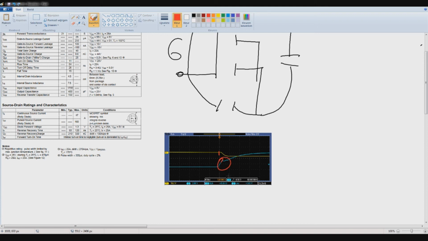You have this part over here where it's not fully on, but it starts conducting anyway.